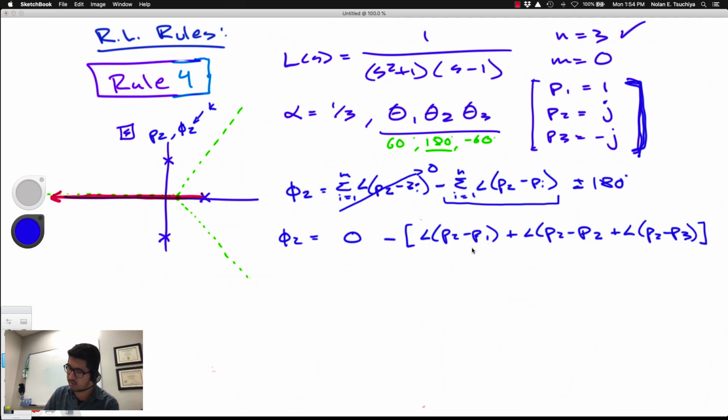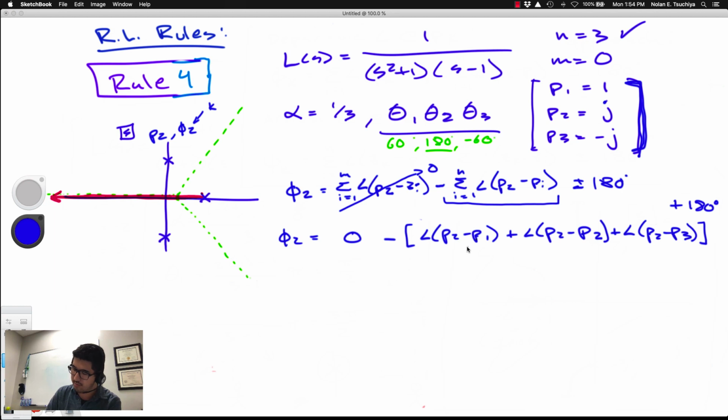I've summed through all 3 of the poles. Then we're just going to remember that there's a plus 180 term that we have to tack on to the end. Writing it symbolically like this is going to go a long way because it helps to keep your math a little bit more organized.